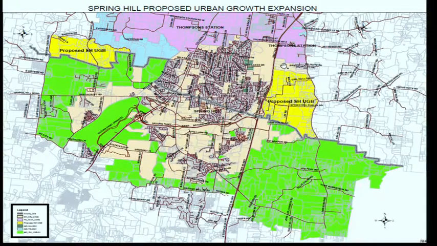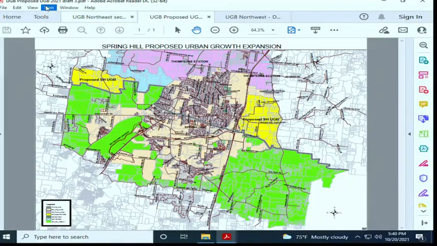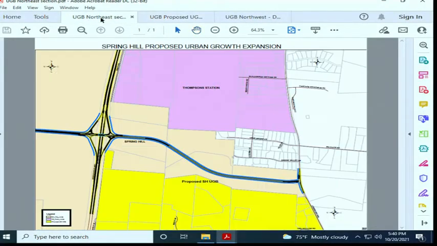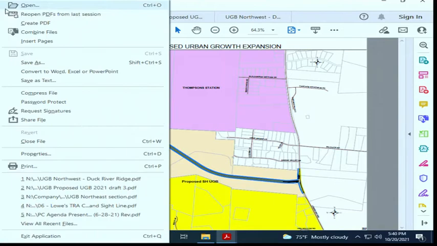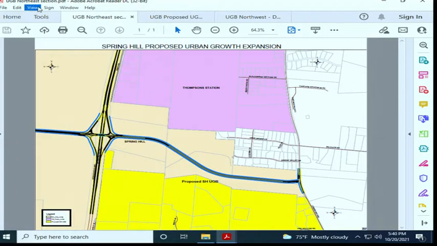And in those areas, the City of Spring Hill has identified 2 areas. One area, as we have on a map, in the northeasternmost section of Spring Hill, is about 4 square miles. And these 4 square miles are what the City of Spring Hill is looking at as a potential area that the city can expand its urban growth boundary into.